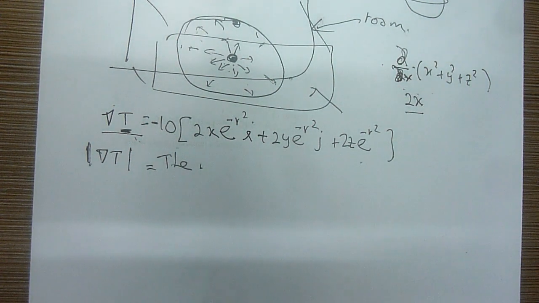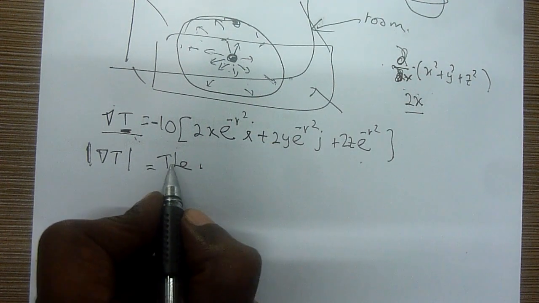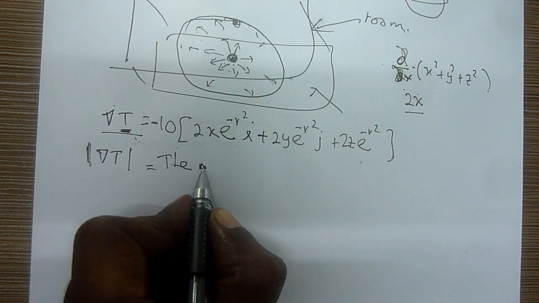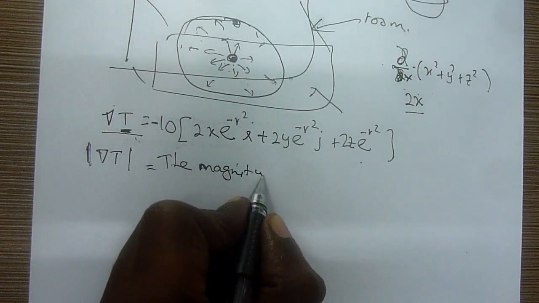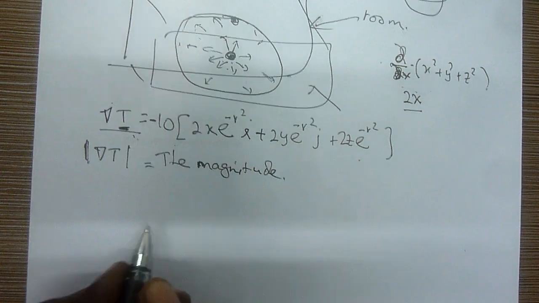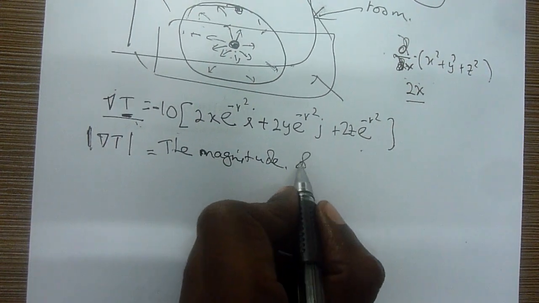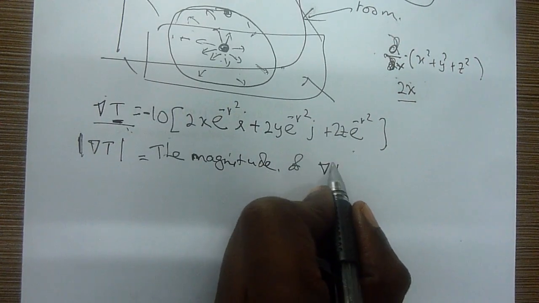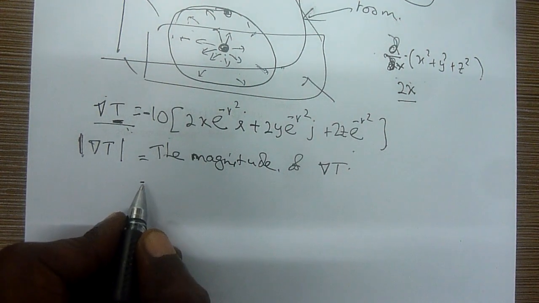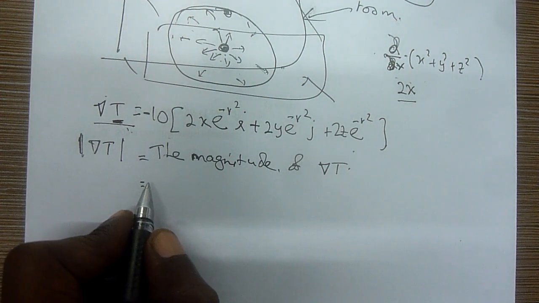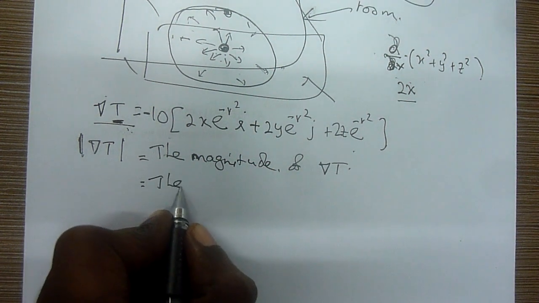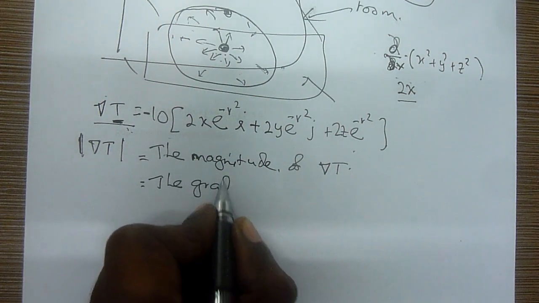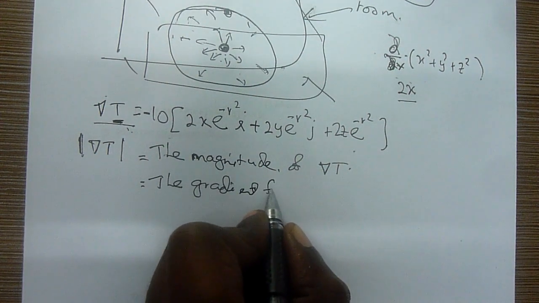Can I say this is the magnitude? Of course, we know this is the magnitude of T. But can I explain that in some detail? Yes, maybe I may say that it is the gradient field.